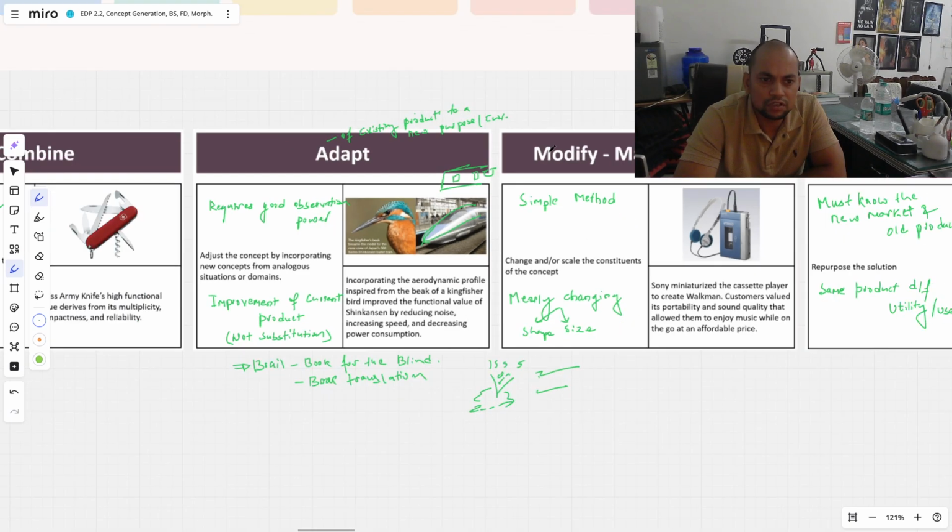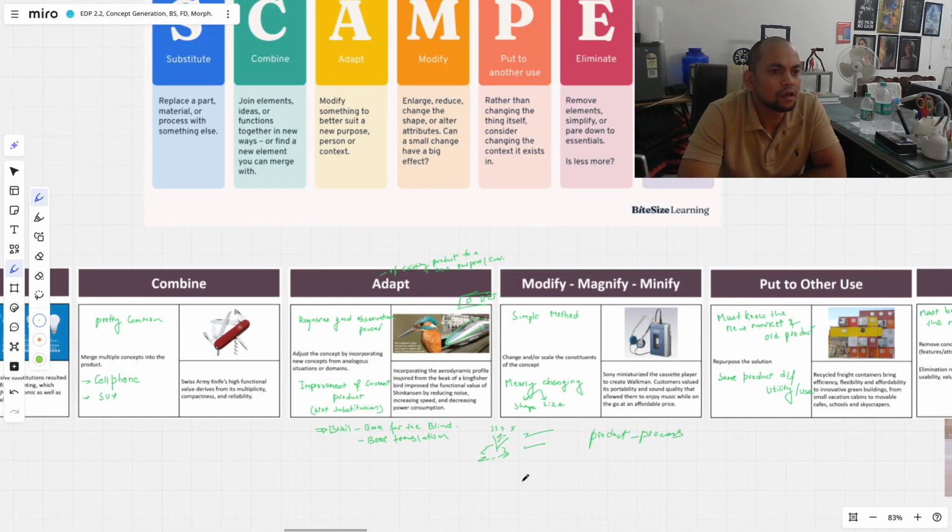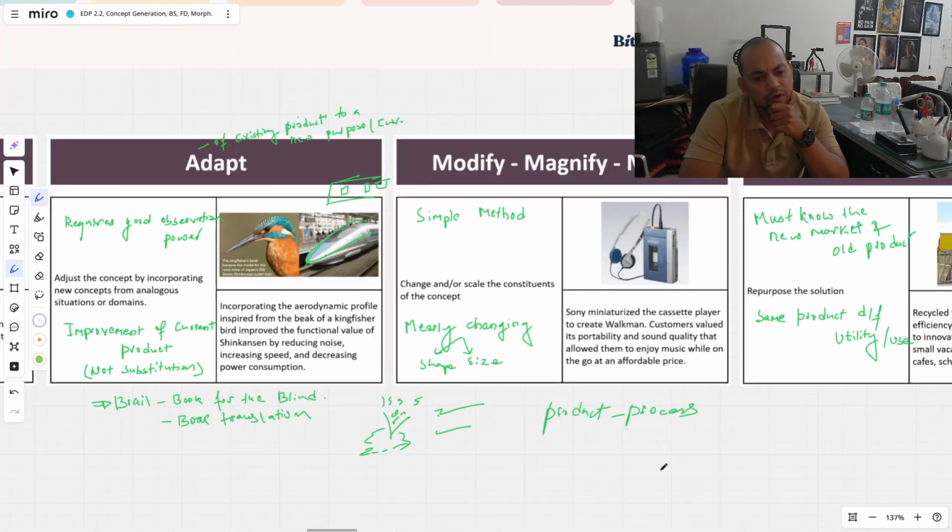Remember that this sort of thinking framework, Scamper, can be applied for a product, a process, or a way of doing things, which again means a process.